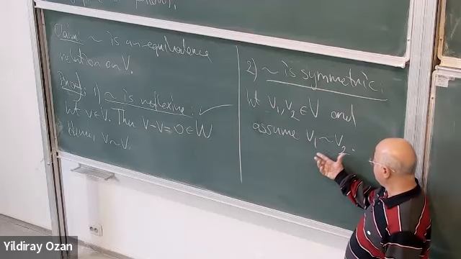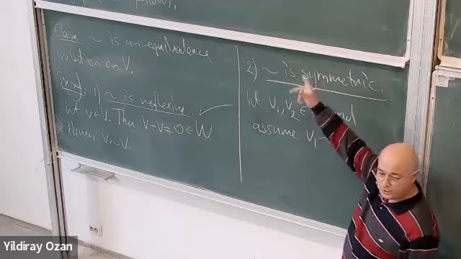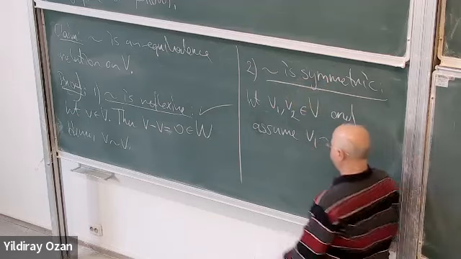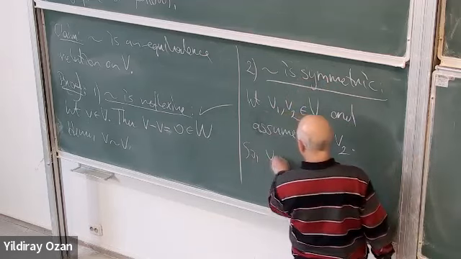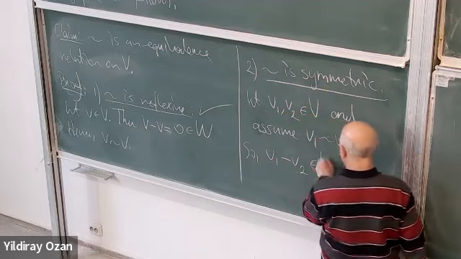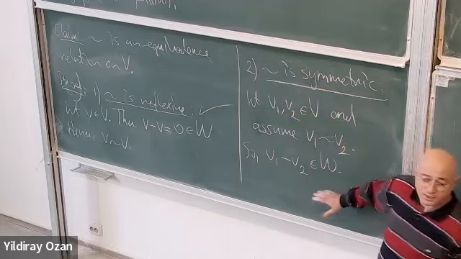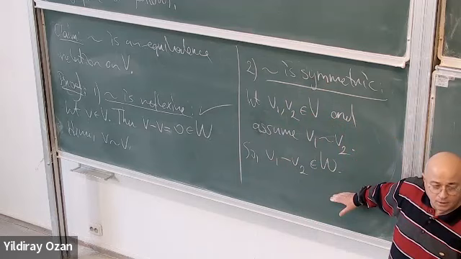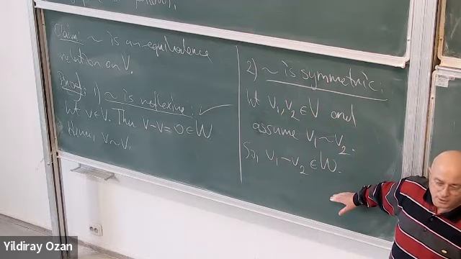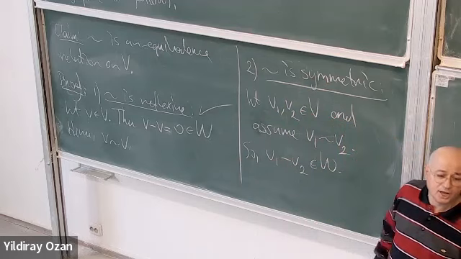These are related if and only if the difference is in W. So v1 minus v2 is in W. But W is a subspace, so it is closed under scalar multiplication and addition.